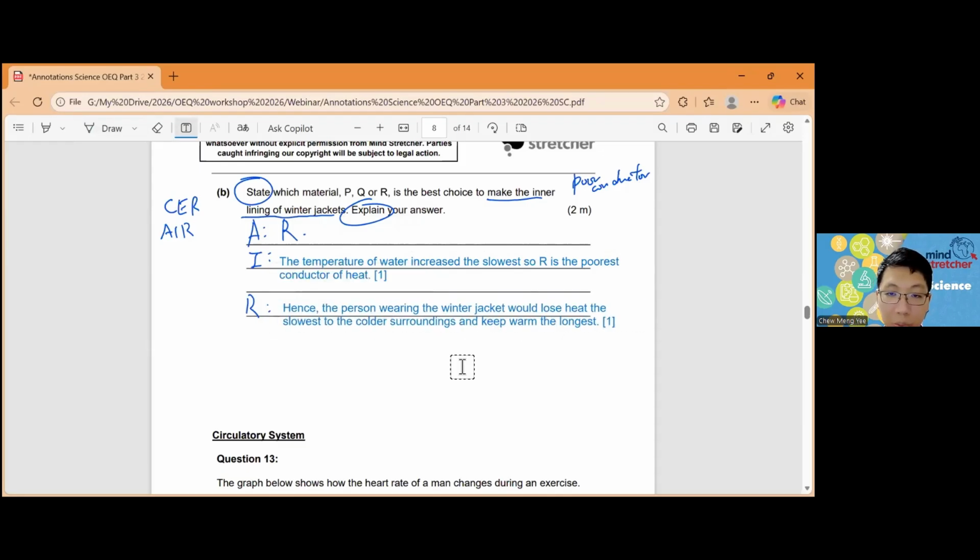The one wearing the winter jacket loses heat the slowest to the colder surroundings and therefore can keep warm the longest. You must always link back to the application, which is the winter jacket here.